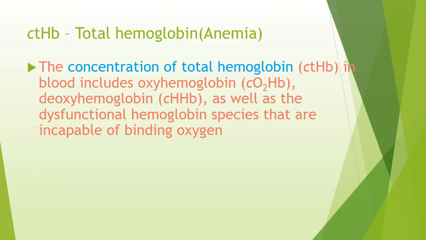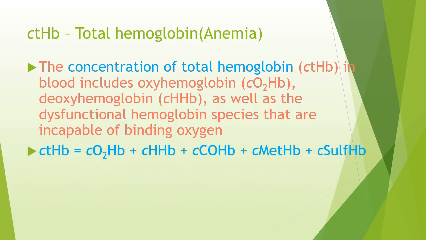In oximetry values, we are looking at the total hemoglobin. We are going to rule out anemia in a patient. This is the concentration of total hemoglobin in blood, which includes oxygenated hemoglobin and deoxygenated hemoglobin, as well as some other dysfunctional hemoglobins that are incapable of binding oxygen.